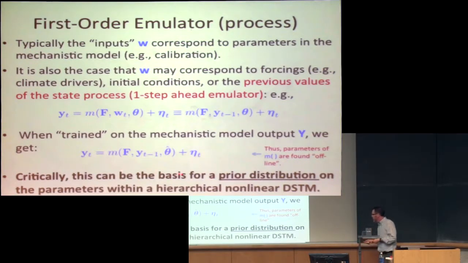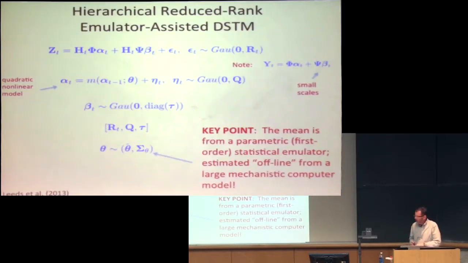But what I'm going to say is that I could use that as a prior distribution and make this whole thing Bayesian, and at least account for the uncertainty associated with that. Okay. And so, in particular, again, this is what I showed you before. This is my reduced dimension. These are like the singular vectors, or singular values.